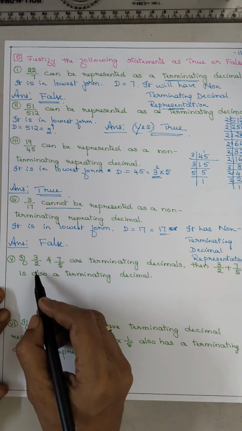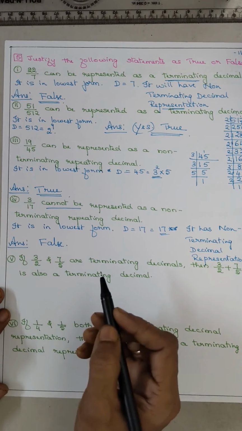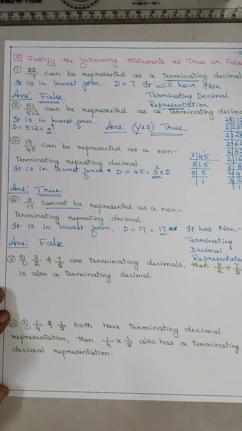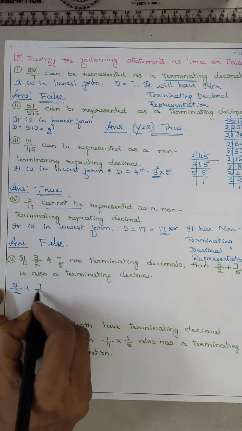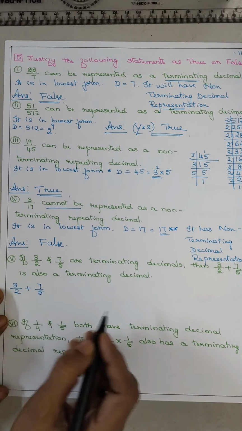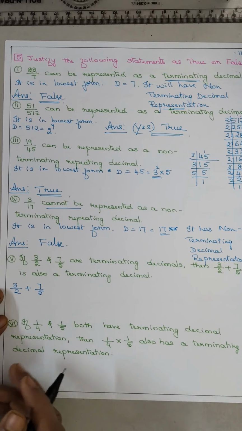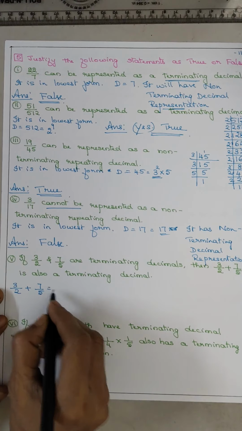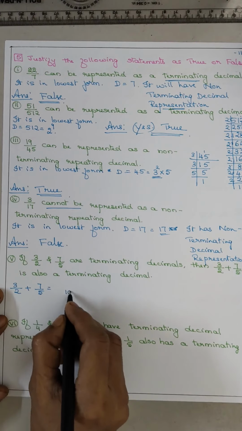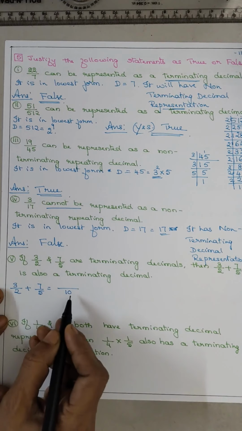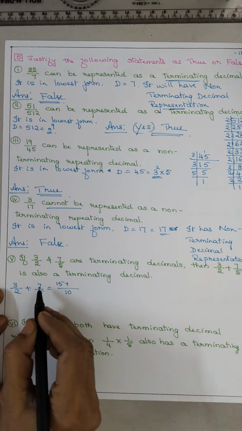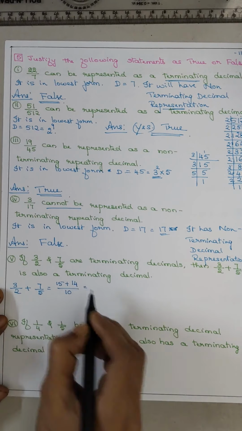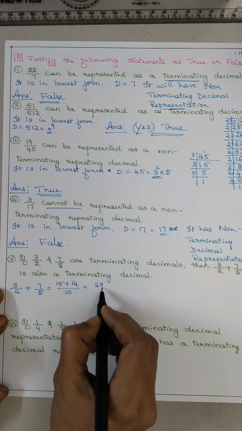Now if 3 by 2 and 7 by 5 are terminating, because the denominators are 2 and 5, then 3 by 2 plus 7 by 5 will also be terminating. Yes. So the LCM will be 10: 5 3s are 15, 2 7s are 14, which means it will be 29 by 10.